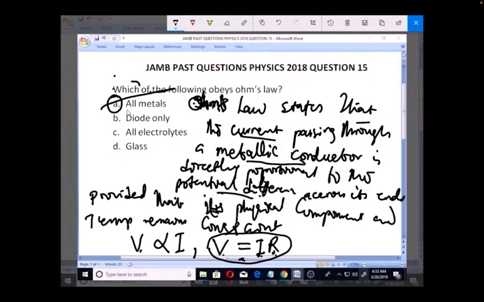So the right option here is A, all metals, because in the statement of Ohm's law, the current passing through a metallic conductor is directly proportional to the potential difference V, provided that the temperature remains constant. And that is that. Thank you.